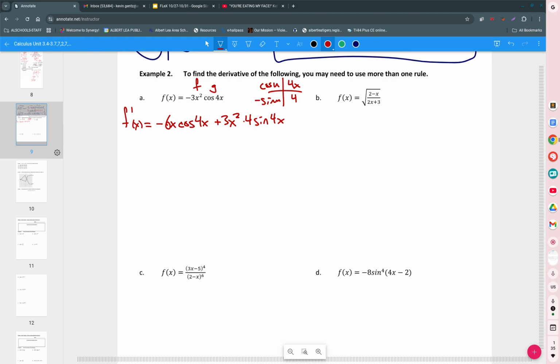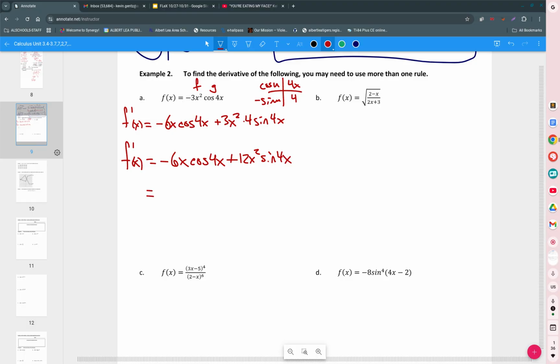Anytime you use the product rule in conjunction with the chain rule, you must take out a common factor. So this is not my final answer. I'll go ahead and take this a step further by just multiplying those terms: negative 6x cosine of 4x, and here I have a plus 12x squared sine of 4x.